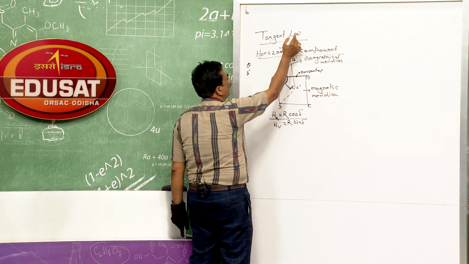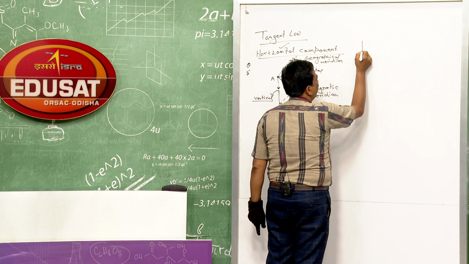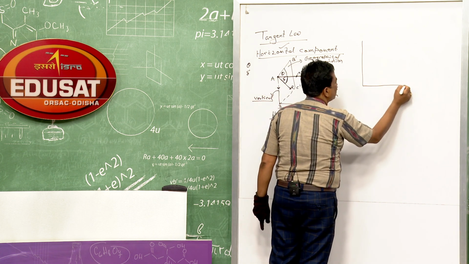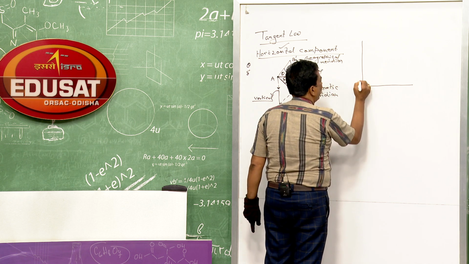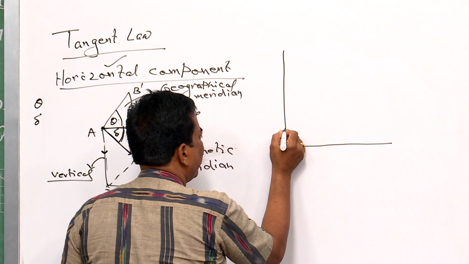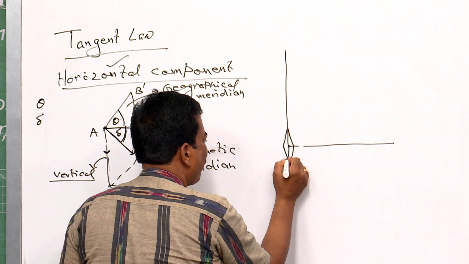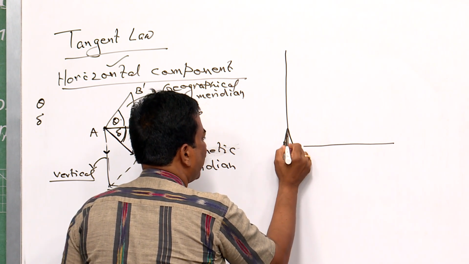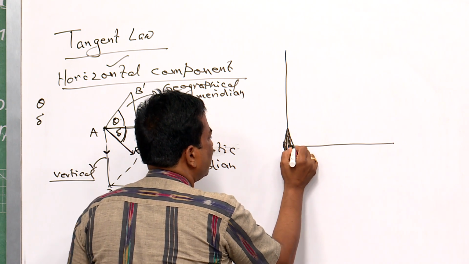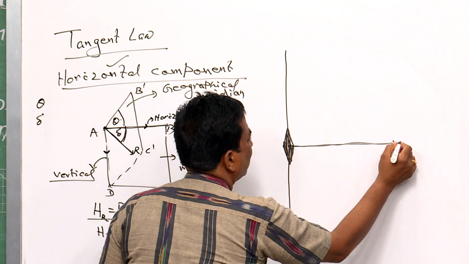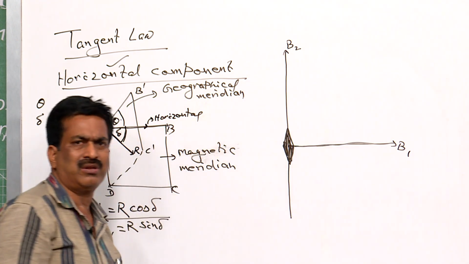So, for the tangent law, what it states is that if a magnetic needle is taken, suppose this is the magnetic needle, and this is one of the magnetic fields, say B1, and this is another magnetic field, B2.